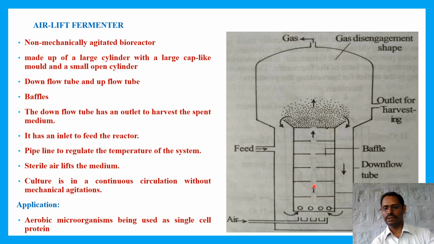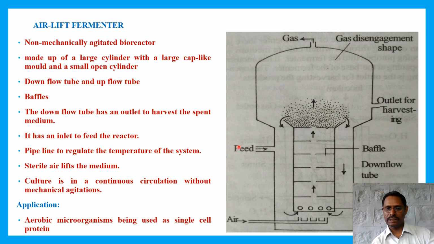The metal baffles are present in the inner flow tube, which forces the medium towards the center. So the medium goes up, and then due to the force, it comes down. Likewise the medium is circulated in the upflow tube and downflow tube.